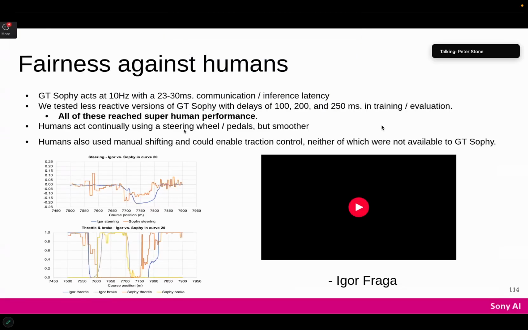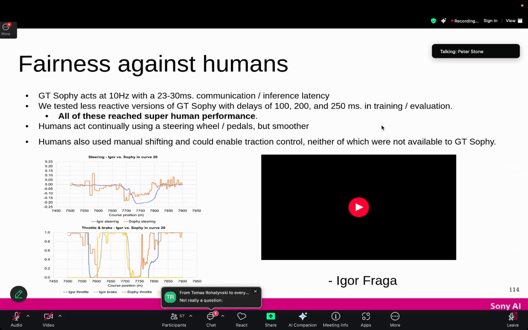So one of the questions that came up was, is this fair? If you remember, in the Jeopardy challenge, people talked about how the AI agent had a faster reaction time than people did, and that's why it was able to use the buzzer and get into questions quicker. And so we were asked, is it that GT Sophie has less latency than people have?